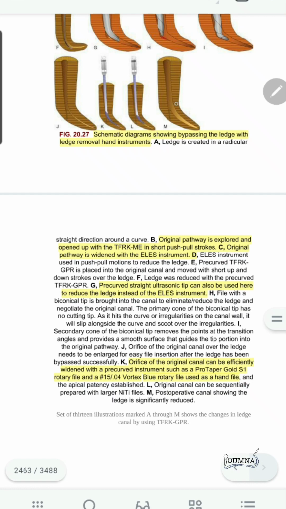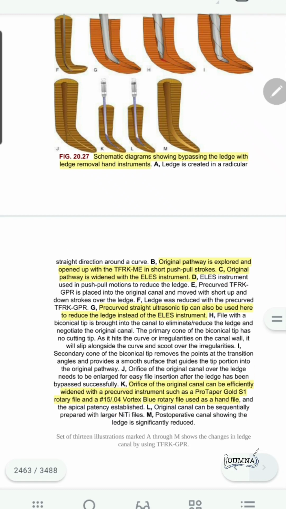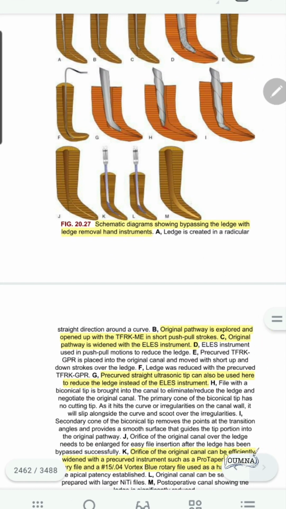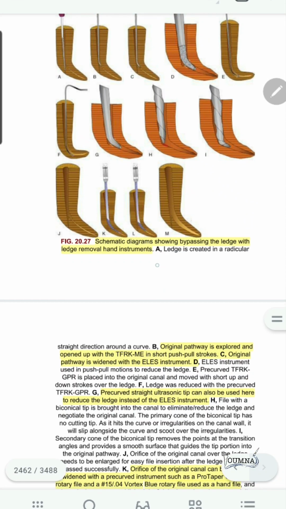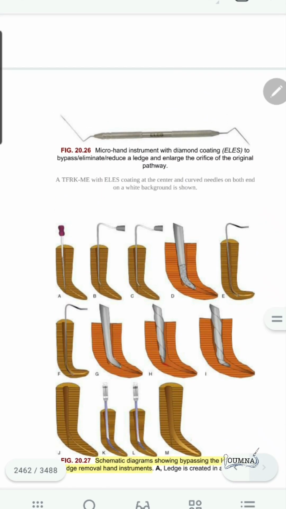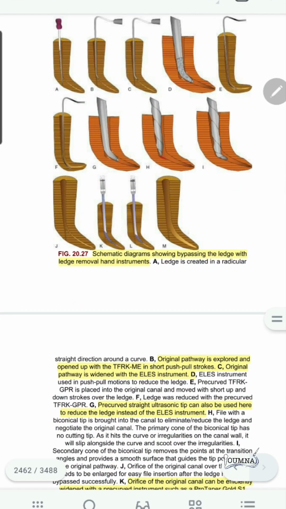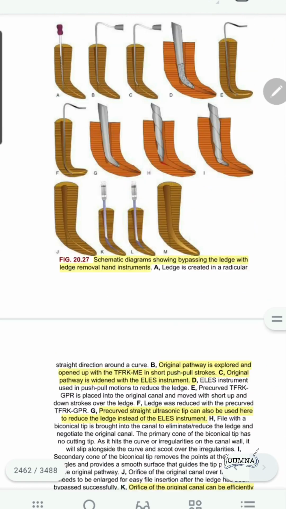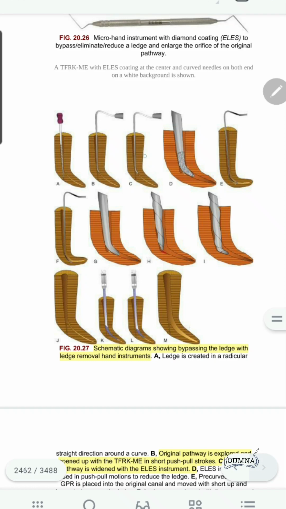After that, we use a hand blue file, a hand rotary file, but it is used as a hand file, and the apical patency is established here. So we first do a negotiation with hand files like this. Then we reduce the curve of the ledge.